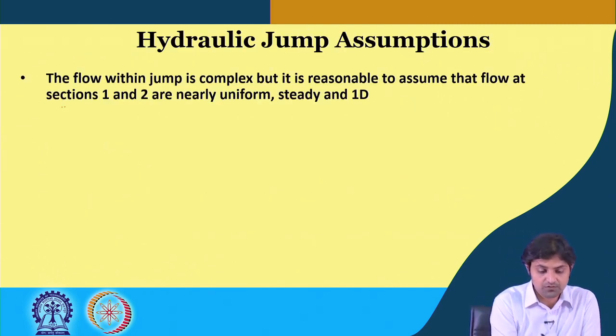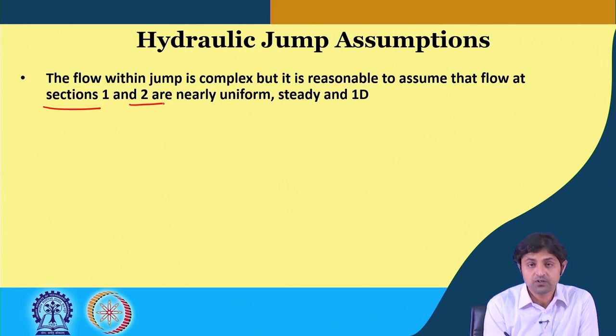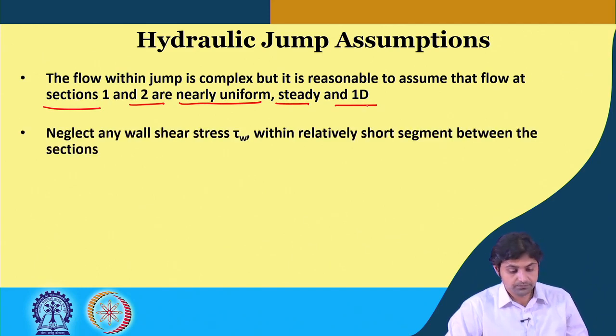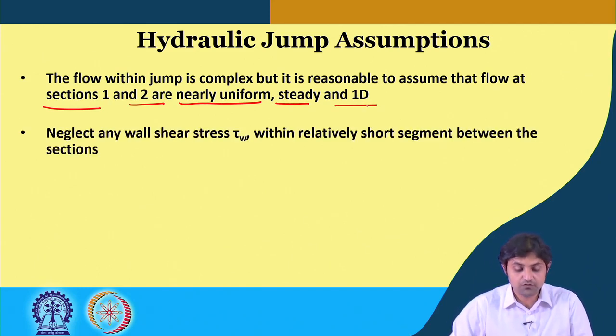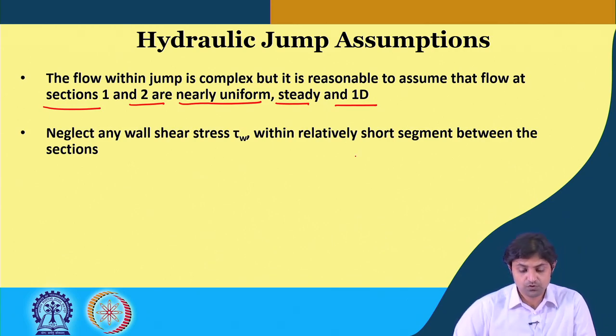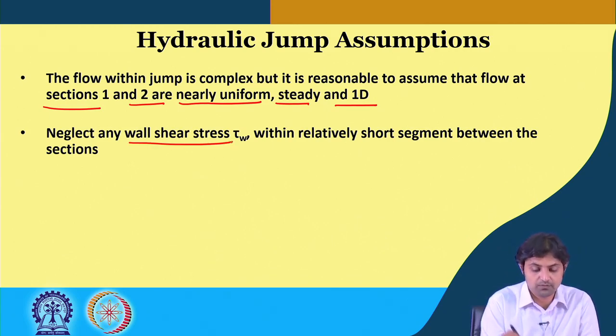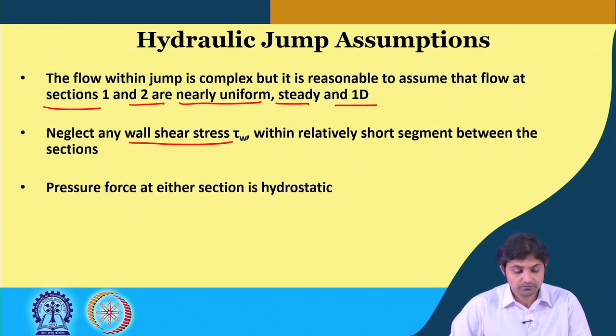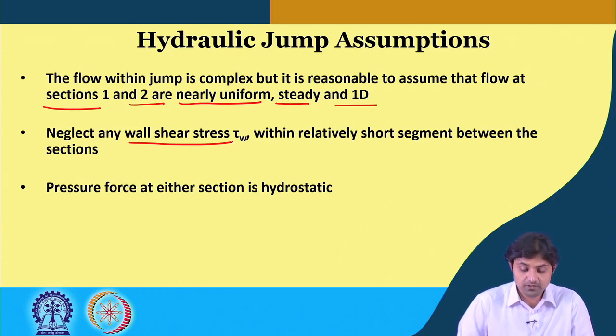At sections 1 and 2 we are taking the flow to be nearly uniform, steady and one dimensional in nature. We neglect any wall shear stress tau w within the relatively short segment between the sections for the derivation of the hydraulic jump. Since at sections 1 and 2 the flow is nearly uniform, steady and 1D, the pressure forces at either section will be hydrostatic.